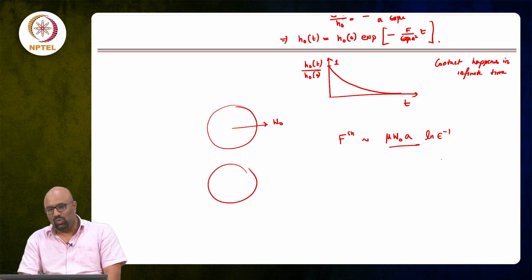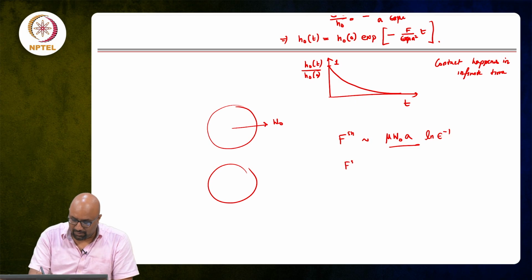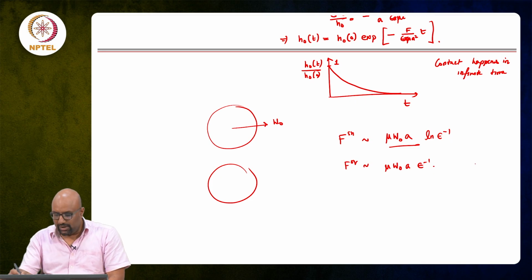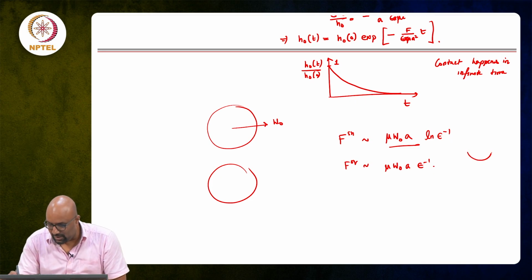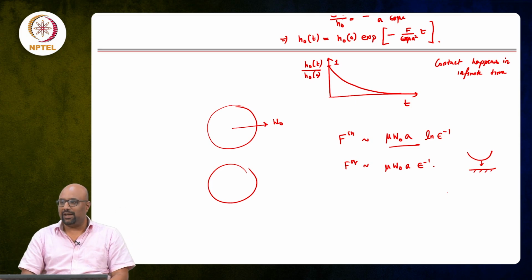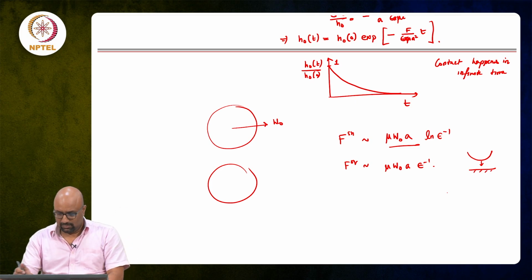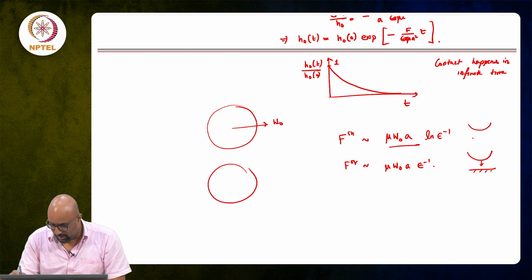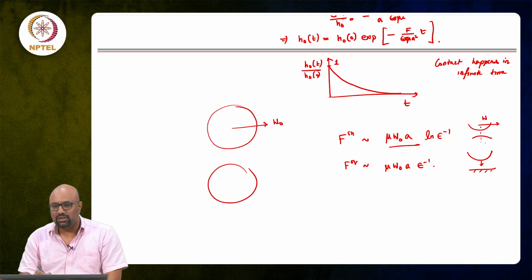It is not 1 by epsilon, which is what you get from the squeeze flow problem. So, it need not just be two spheres, it can be a sphere and a flat surface, because that is like one small sphere and another sphere which is infinitely large, whereas this one is a sphere which is trying to move with a velocity with respect to another stationary surface.